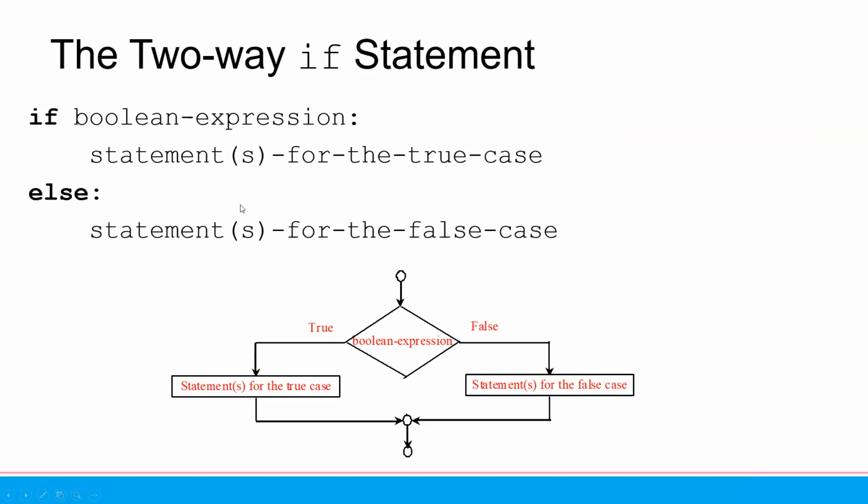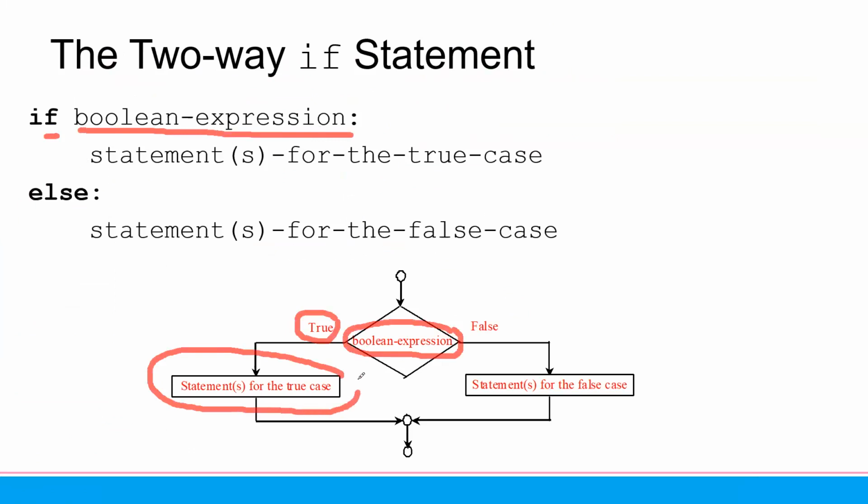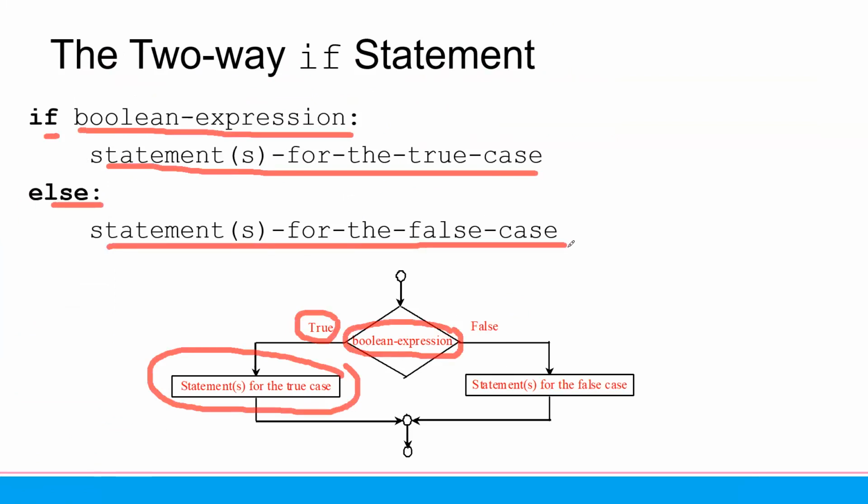If we want to create the flowchart, we call this the flowchart. We have the Boolean expression. If the condition is true, then we will run the statement for the true case. If it is false, then we will run the statement for the false case.